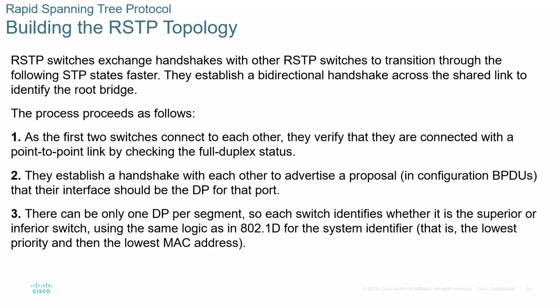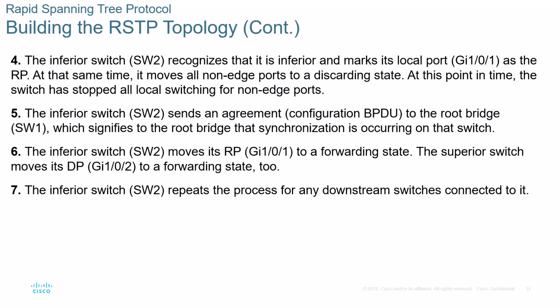Again, lowest priority, lowest MAC. After that, the inferior switch, in this example switch 2, will recognize that it's the inferior and will mark its local port as the root port. At the same time, it will move all non-edge ports to a discarding state.